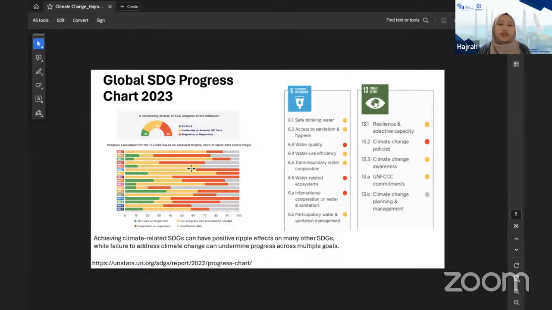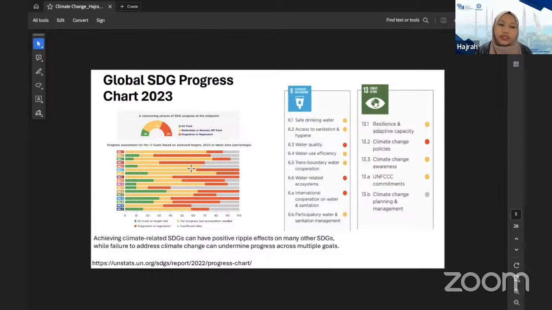And also here you can see, if we have a closer look at the targets of clean water and sanitation and also climate change, they are all yellow and red. And unfortunately for the climate action, for the 13B targets, climate change planning and management, there is not sufficient data, and we don't know the progress, if it has already met the target or is still off track.